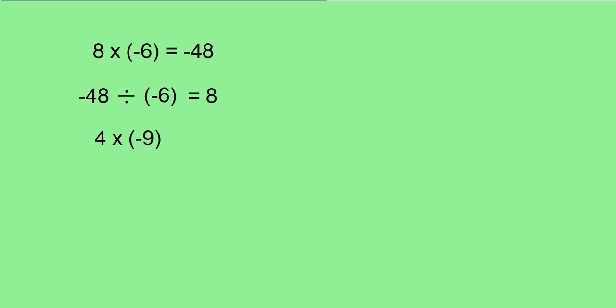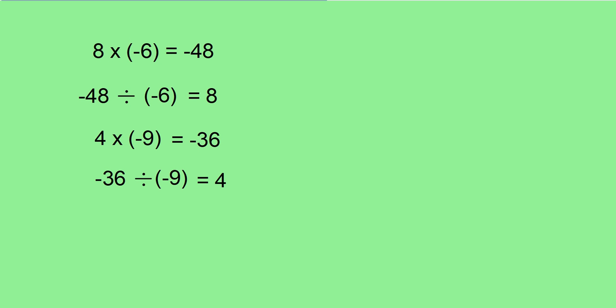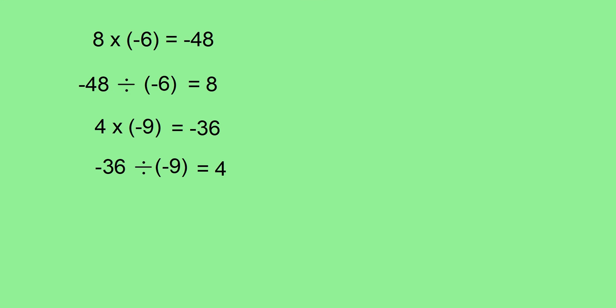Tell me, what is 4 into negative 9? Yes, you are getting negative 36. If it is so, what is negative 36 divided by negative 9? Yes, you will get 4. Negative 36 divided by negative 9 is equal to 4.